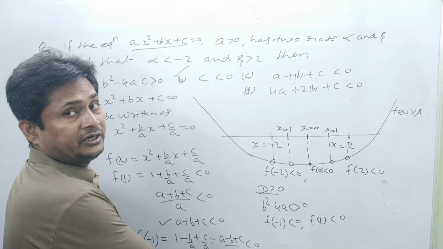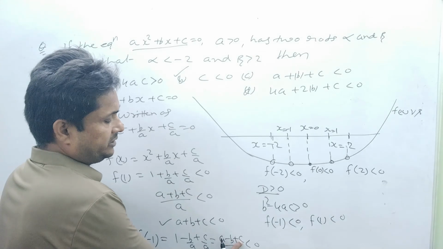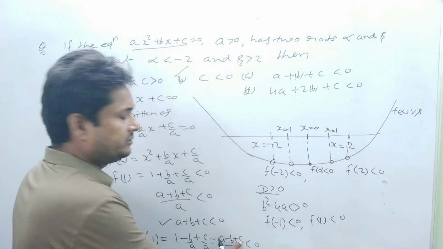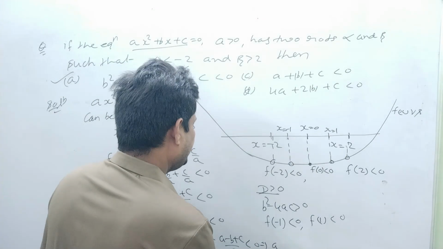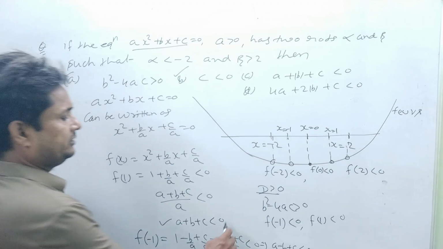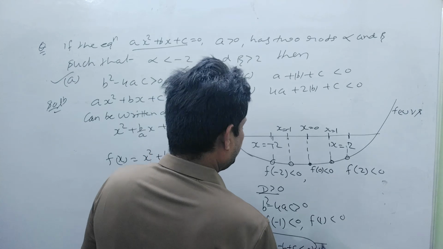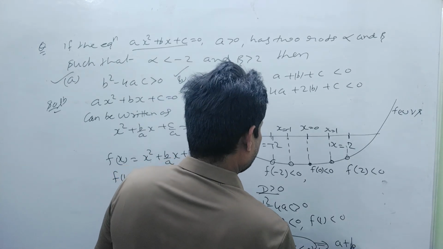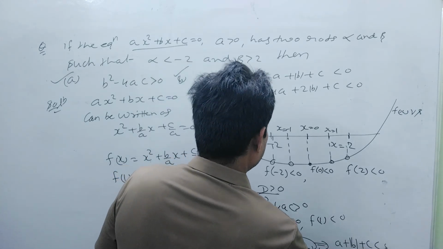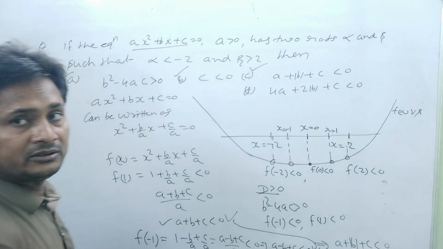A is given positive, then a minus b plus c will be negative value. If you combine these two conditions, we can write a plus b plus c less than 0. That means C option is also correct.